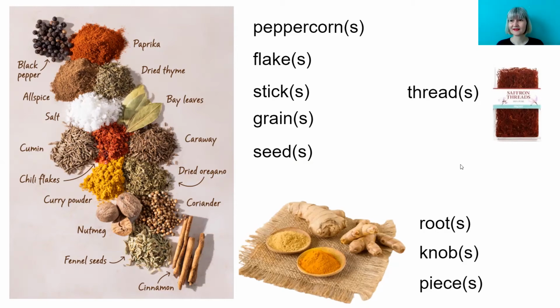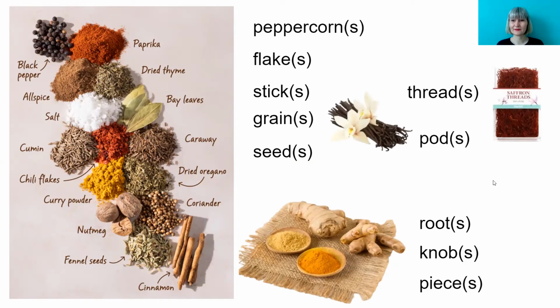All right. Threads of saffron. Threads of saffron. So, шафран у нас такими длинными ниточками, поэтому можно использовать слово threads. Saffron is measured by threads, a very expensive spice. All right. Pods, стручки. We could use pods.